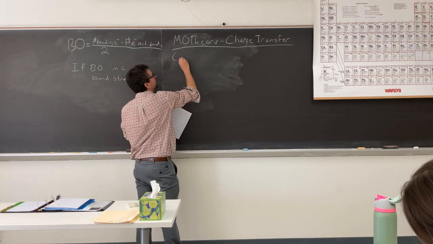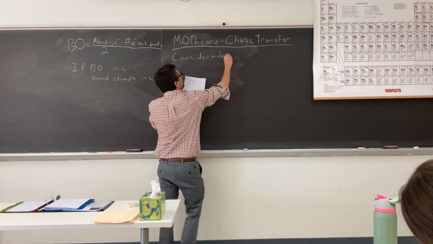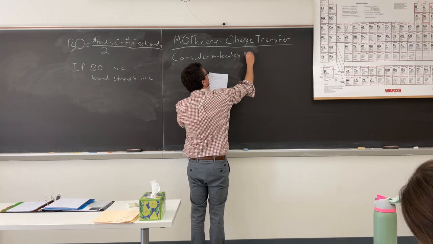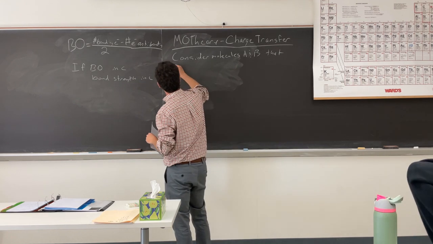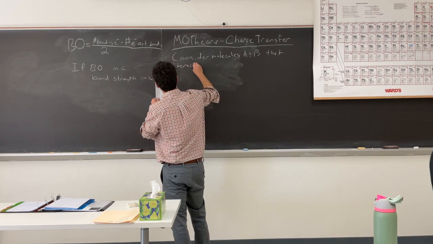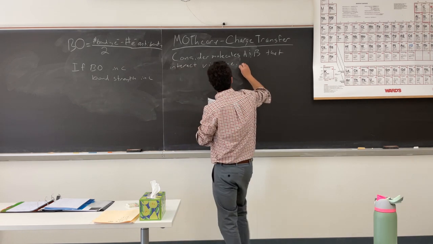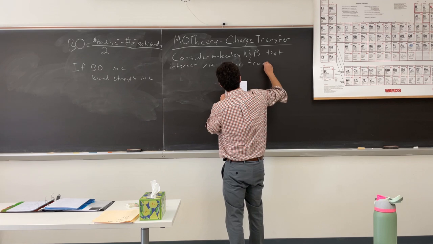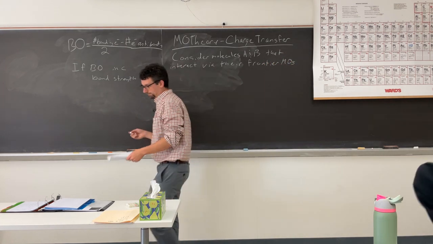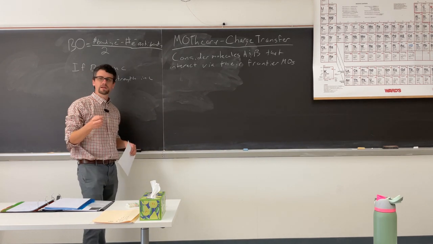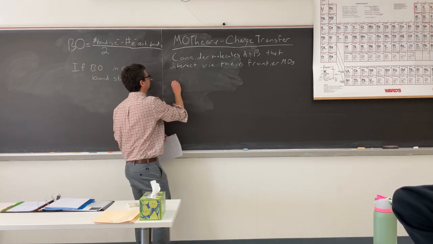Okay, we're going to consider molecules A and B that interact via their frontier molecular orbitals. You guys get what I mean when I say frontier molecular orbitals, or no? Okay.